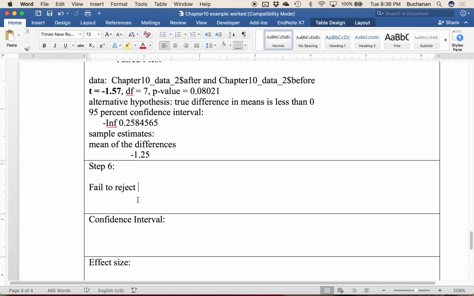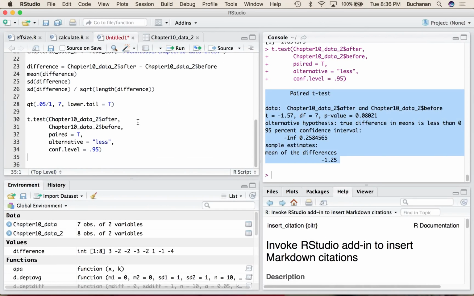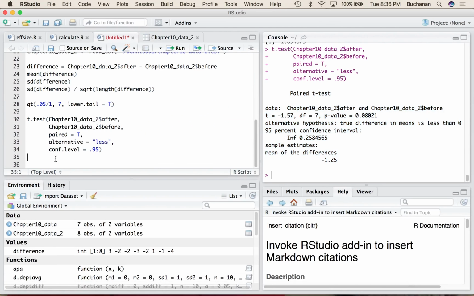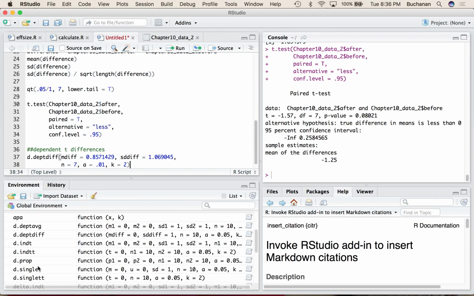So, it's not statistically significant, but let's see if it's practically significant. So let's look at that effect size and that confidence interval. So I'm going to cut and paste this dependent t differences thing. Now, I have not closed R, because you've been watching me do this, so I still have them all down here.